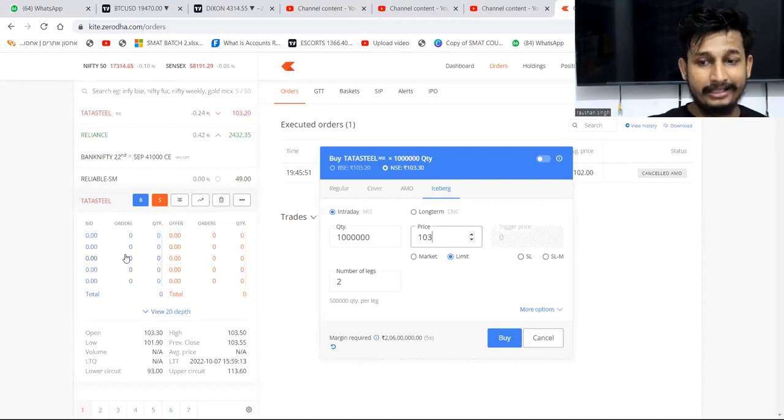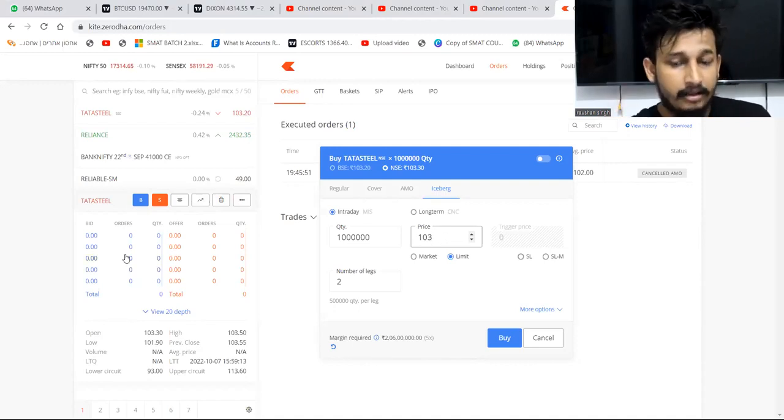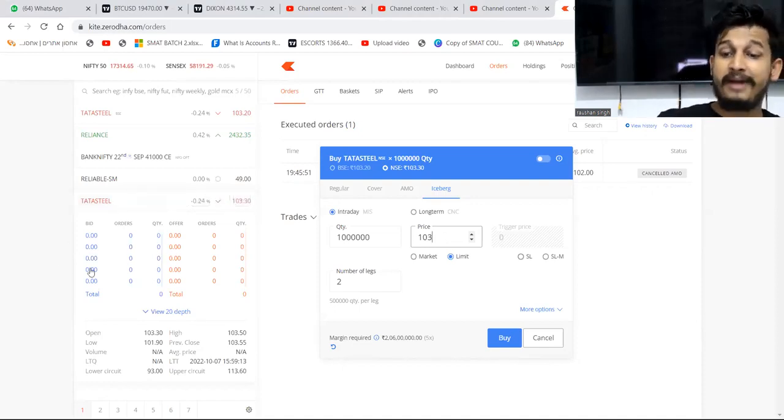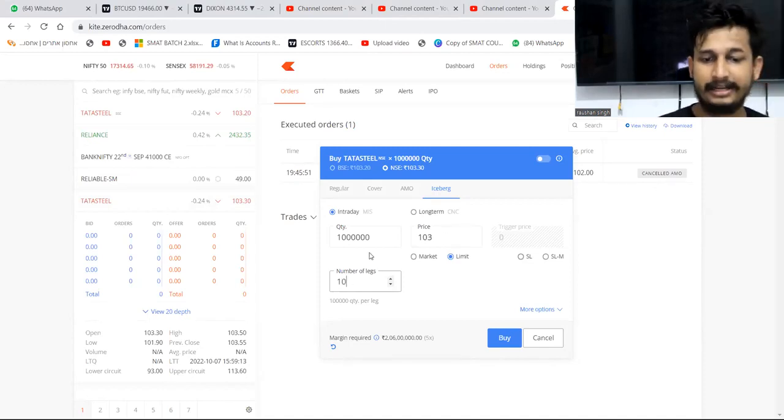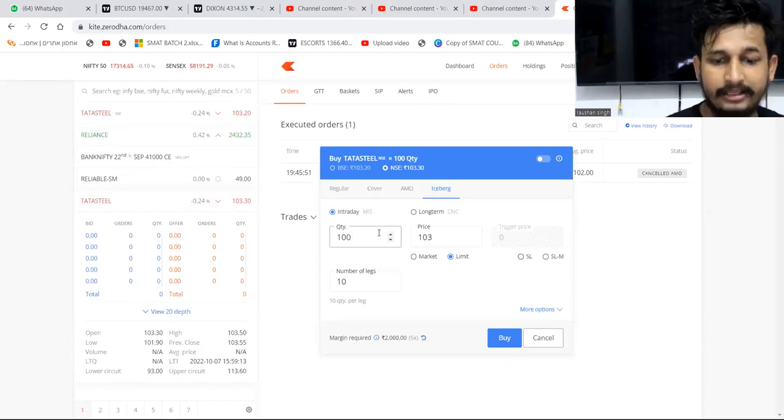So automatically this fake demand, this order which I'm placing, is an open order. It has not been executed. So what will happen? Automatically the prices will go away.